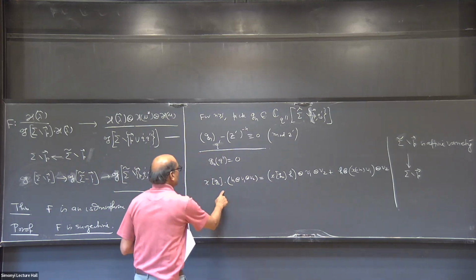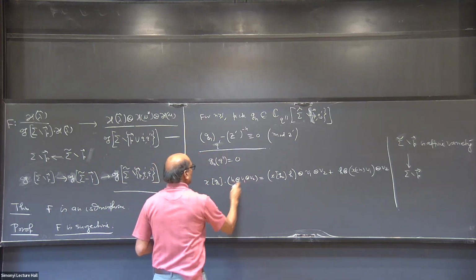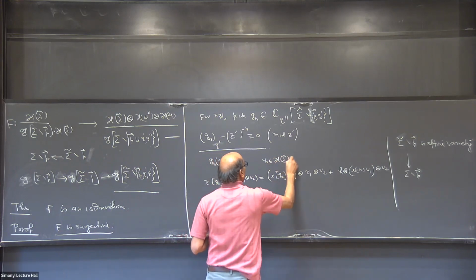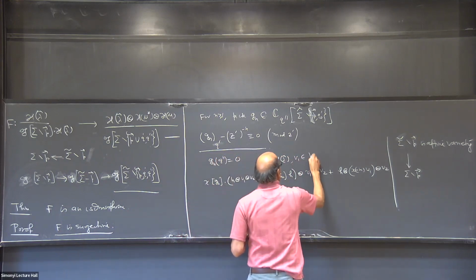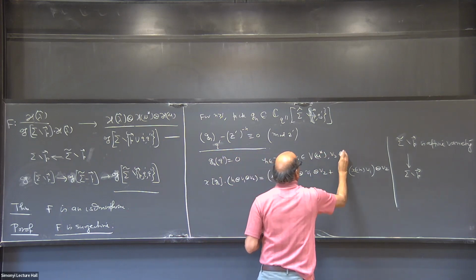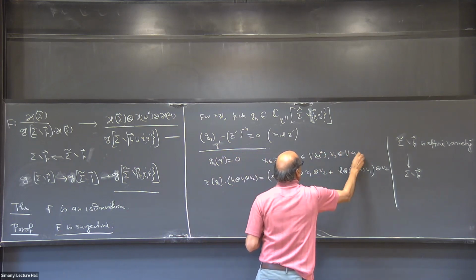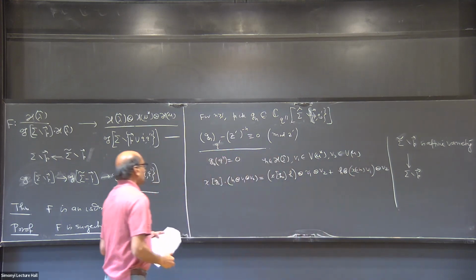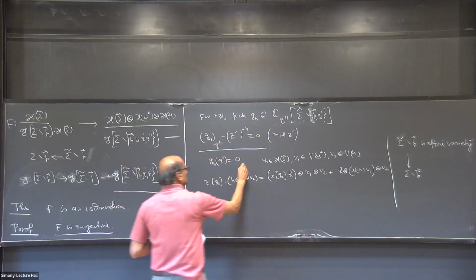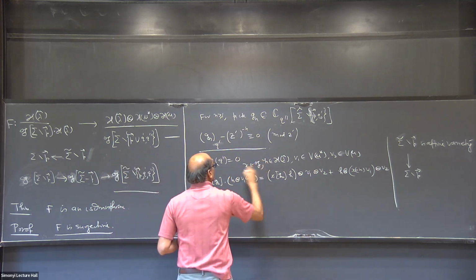What is the notation here? h, v1 and v2: h is in H lambda, v1 is in V of mu star, and v2 is in U. And X is an arbitrary element of the Lie algebra, so X is in g.